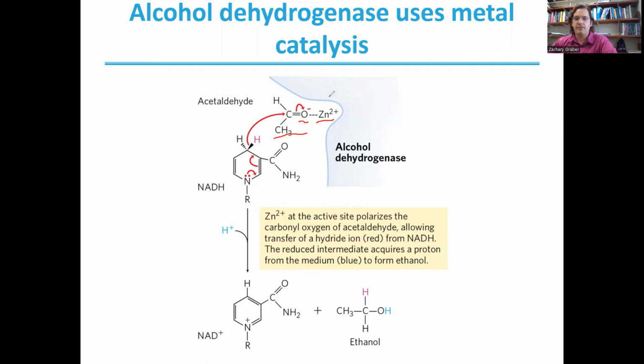Our zinc here just helps to stabilize that transition state in order to lower that activation energy barrier. So this is a relatively simple use of that metal ion catalyst. Again, there are other more complicated uses where we could have it participating in some sort of redox reaction, helping to transfer electrons. But this is just one of many different ways of using that metal ion catalyst.